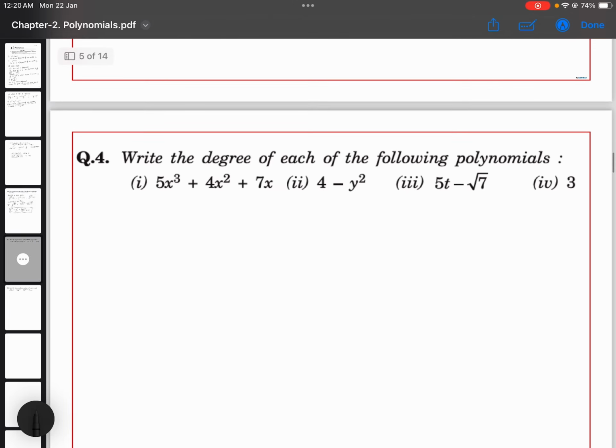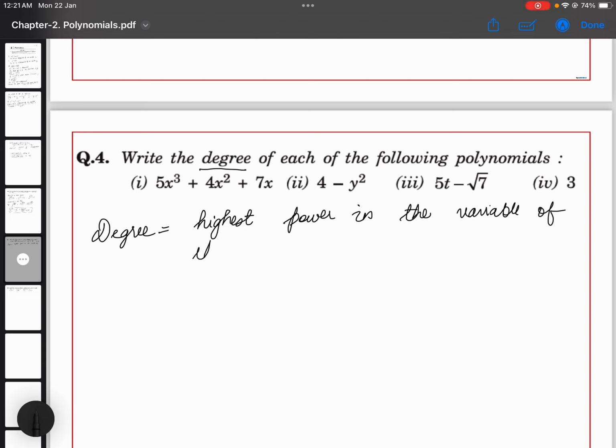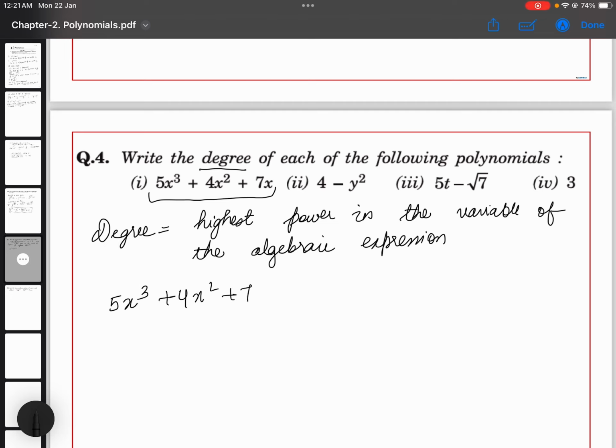Quickly moving on to the fourth, we're asked to find the degree of each of the polynomials. Degree means the highest power in the variable of the algebraic expression. Clear? So for the first question, 5x cubed plus 4x squared plus 7x, what is the highest power here? 3.